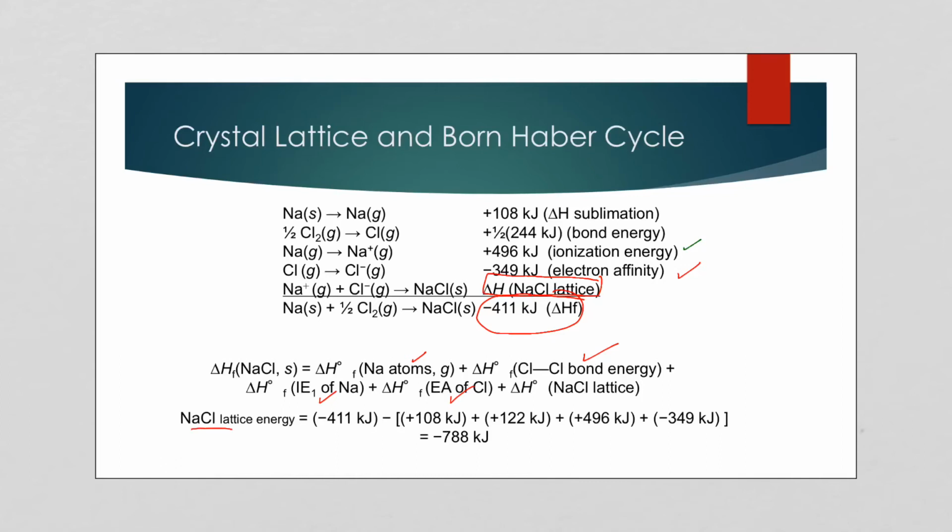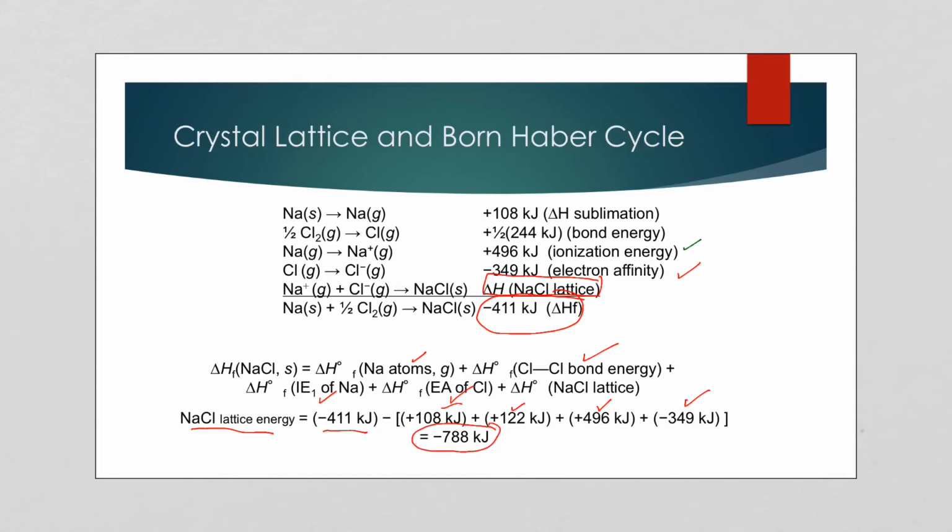The lattice energy equals our delta H, the negative 411, and we subtract all of those other things from both sides: minus the sublimation energy, half of the bond energy, the first ionization energy of sodium, the electron affinity of Cl. If we do all that math, we get an overall lattice energy value of negative 788 kilojoules.